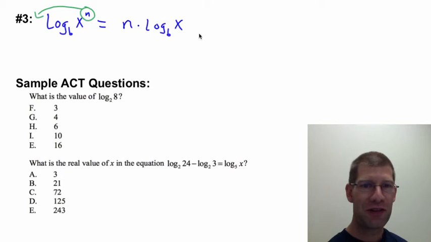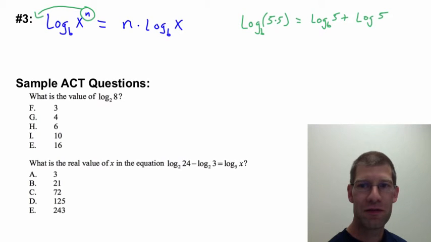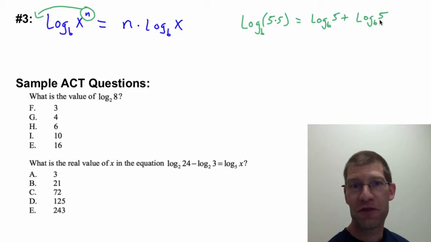If you kind of want the little caveat off on the side, I mentioned before when I had that log of x times y base b, the first one, that if you had log of 25, you could look at that as though it's log of 5 times 5 base b. Well, that'd be the log of 5 base b plus the log of 5 base b. And that's the first property. Well, that fits for this third one.